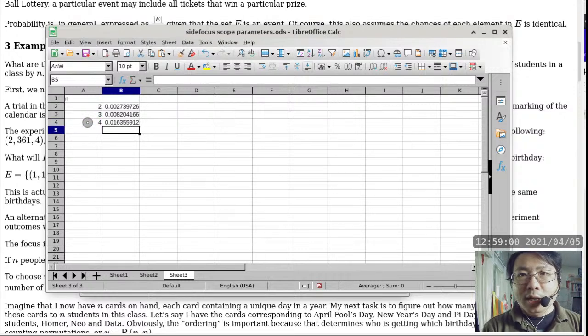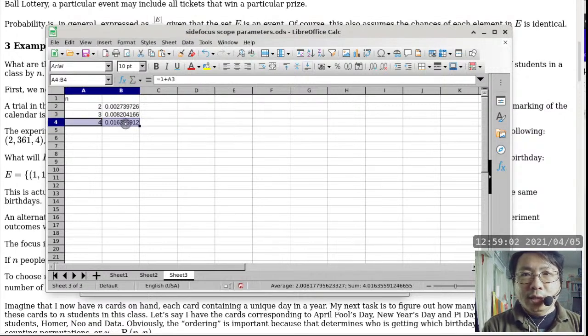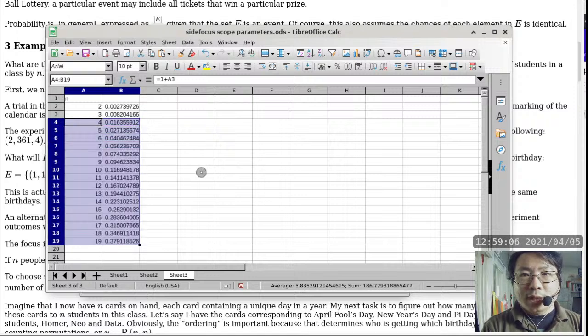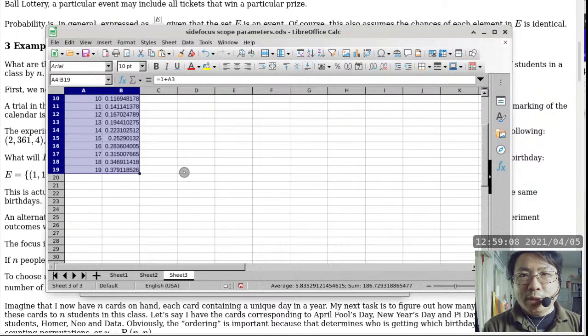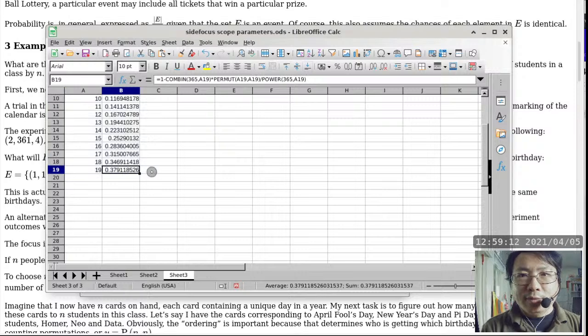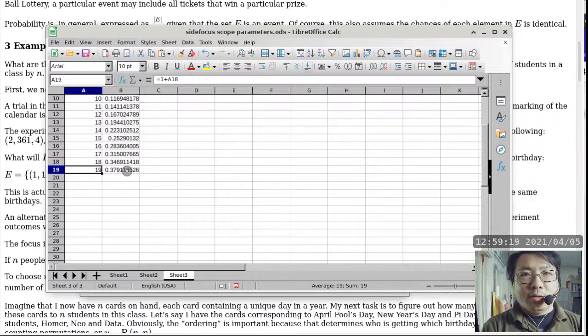All right, so now we get a much more handy way to look at all the different cases. So when we have a class of 19, we can see the chances are pretty high. The chances of at least two people sharing the same birth date is basically 38% when we have a class of 19 people.